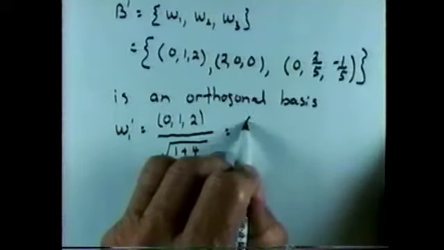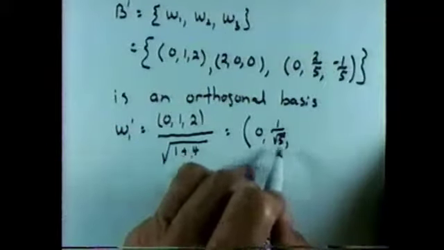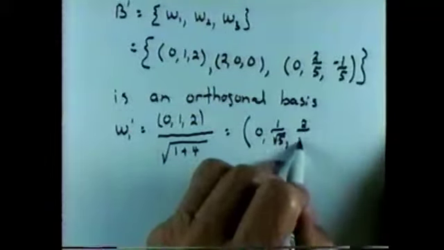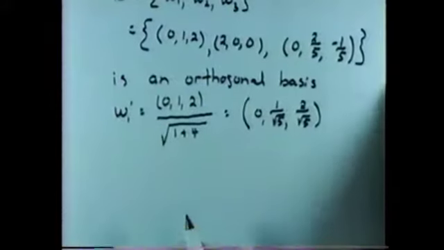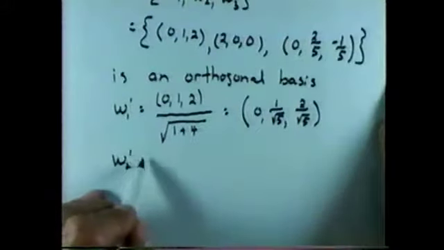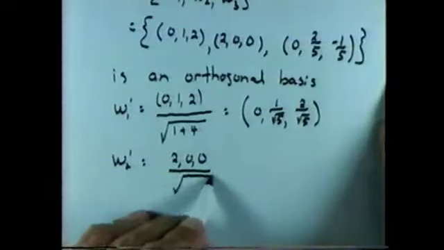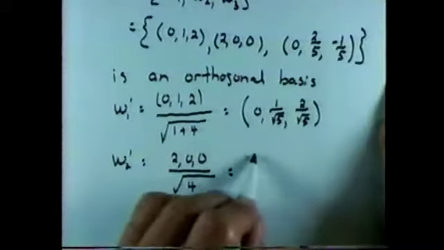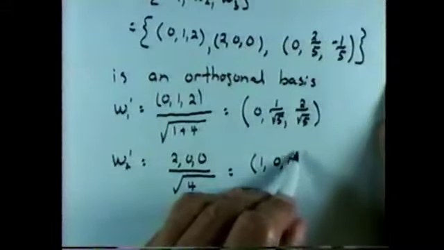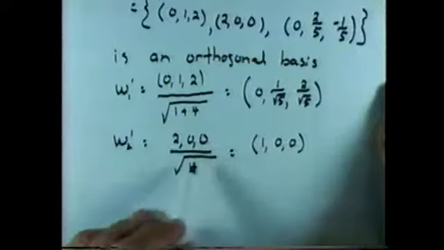So that would be (0, 1 over the square root of 5, 2 over the square root of 5). And of course we probably should rationalize, but I'm not. W2 prime would be (2, 0, 0) divided by the magnitude, which would be the square root of 4 plus 0 plus 0. Well, that's going to be (1, 0, 0), because the square root of 4 is 2, 2 divided by 2 is 1.